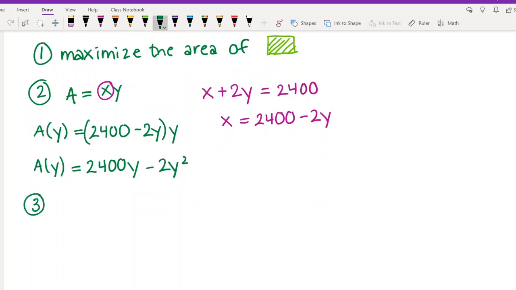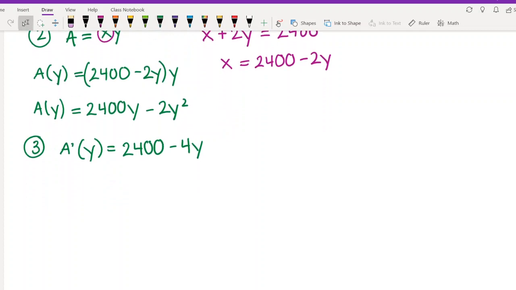So to answer this with calculus, we basically just want to find the critical numbers of this function and then confirm that they're the right kind of critical numbers. So if we take the derivative of this function, we get 2,400 minus 4y. And we want to set this equal to 0 in order to find the critical numbers.